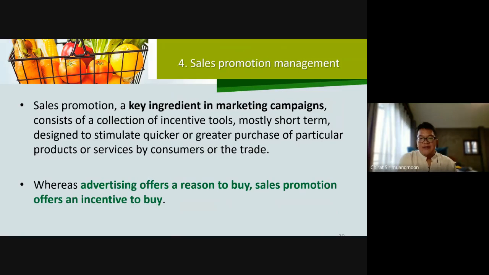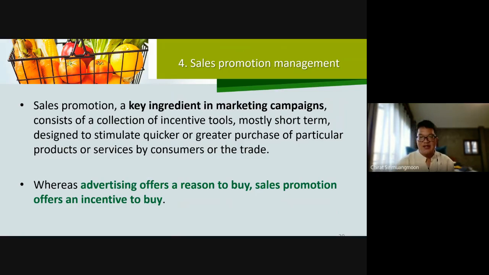Then we finish the advertising, we finish the salesperson. How about sales promotion? Sales promotion is actually a key ingredient in marketing campaigns. It consists of many collections of incentive tools, but it's used mainly in the short term because we need fast action, like stimulating quicker and greater purchase at that time.